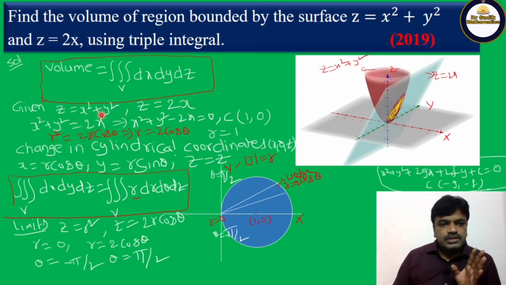So for the z limits, x square plus y square means r square, and z is equal to x means r cos theta. Then it represents a circle in the xy plane, so r goes from 0 to the curve r equal to cos theta, and theta values from minus pi by 2 to plus pi by 2, friends.